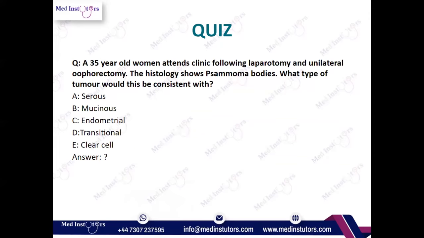Okay, my next question is, a 35-year-old woman attends clinic following laparotomy and unilateral oophorectomy. The histology shows psammoma bodies. What type of tumor would this be consistent with?